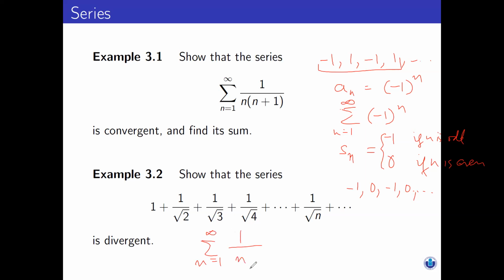Let's say now you take 9/10. So this should be 1/2, right? Let's make it even smaller by increasing the power to 9/10. So prove that this one diverges.